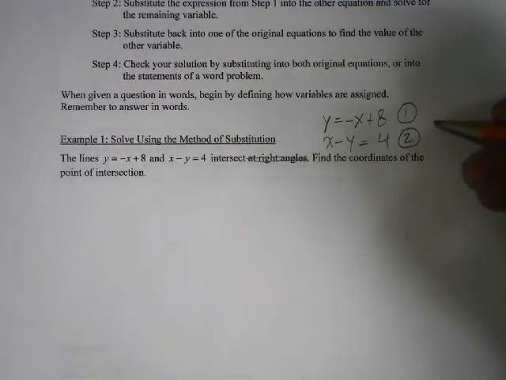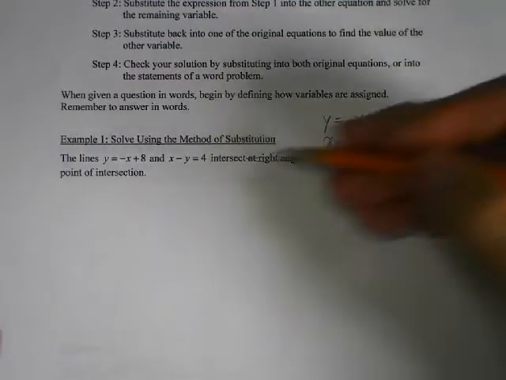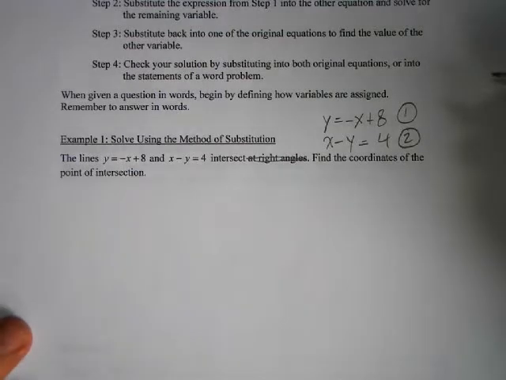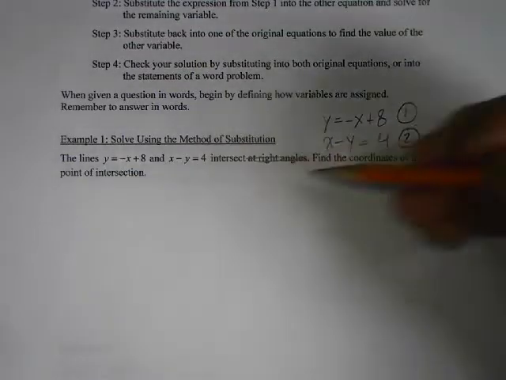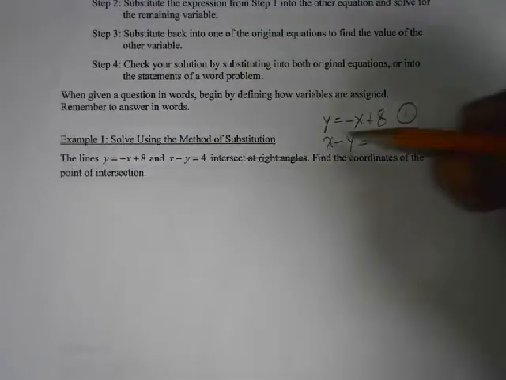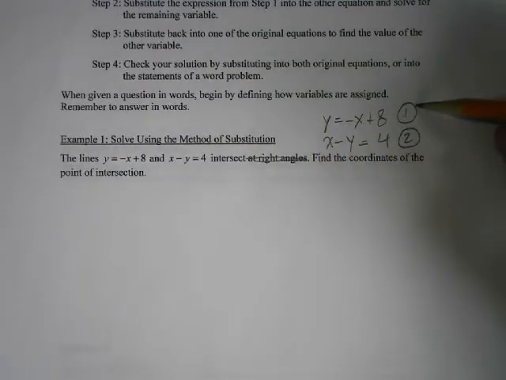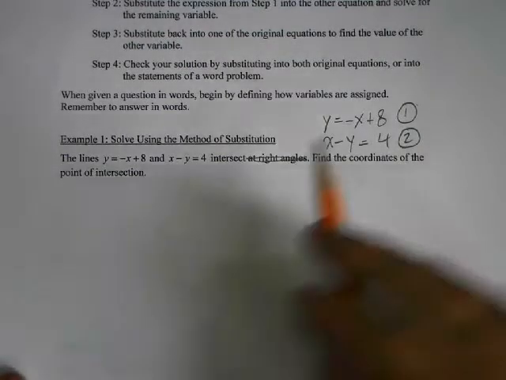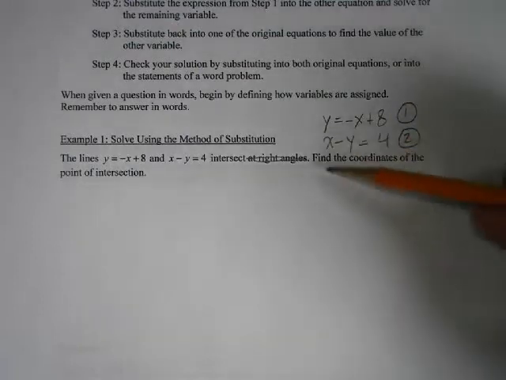The reason why we label them is that now that we're working with 2 equations, I don't want to have to keep saying x minus y equals 4 every time I'm talking about it. I just say equation 2, equation 1, and so on. Okay. Now, first thing we have to do is pick a variable.